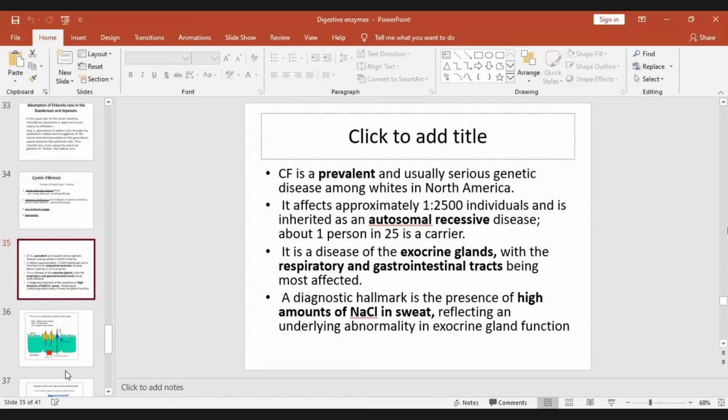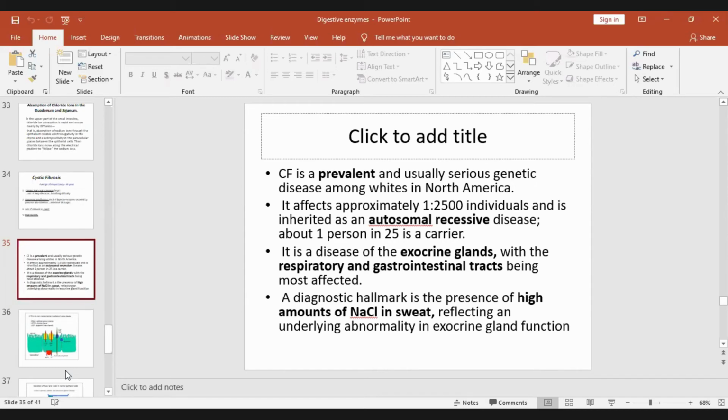It is a disease of exocrine glands, with the respiratory and GI tracts being most affected. And the diagnostic hallmark is the presence of high amounts of NaCl in sweat. So there is a reflection that there is abnormality in exocrine gland function.